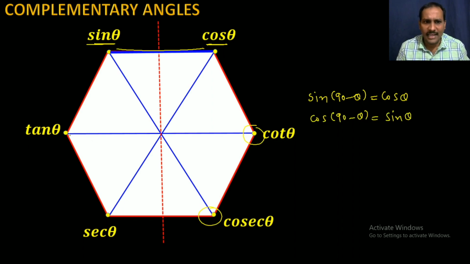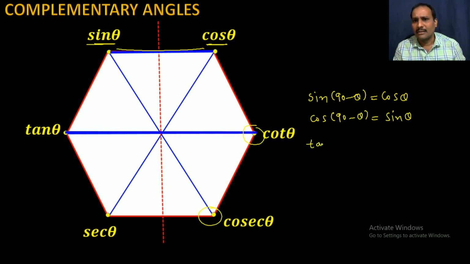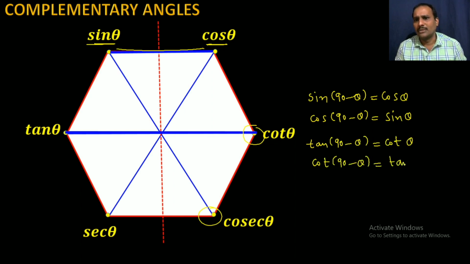Now let us have another horizontal line which is connecting tan theta and cot theta. So tan 90 minus theta is equal to cot theta. Similarly, cot 90 minus theta is equal to tan theta.